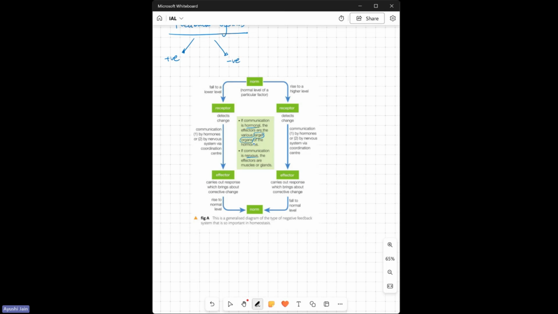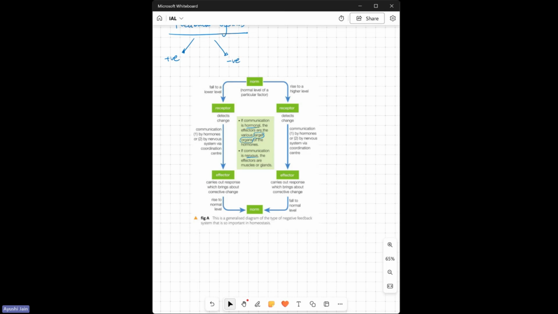For example, insulin's target organs are muscle cells, liver cells, or the adipose cells, the fatty cells. For the thyroxine hormone, literally the majority of the cells in your body are target organs, but mainly it's liver cells, muscle cells and brain cells. Okay, so different hormones have different target cells.